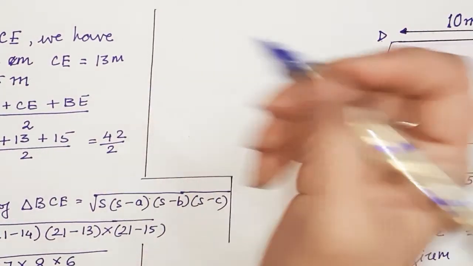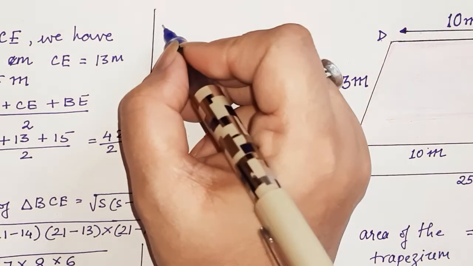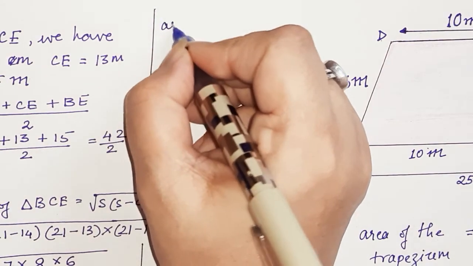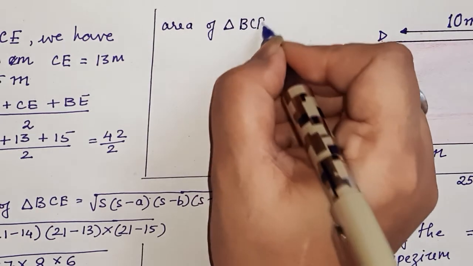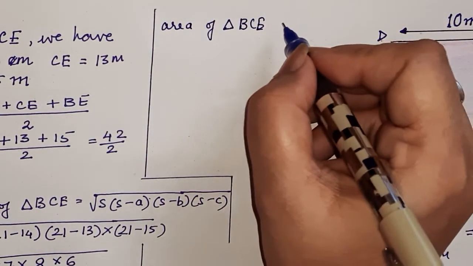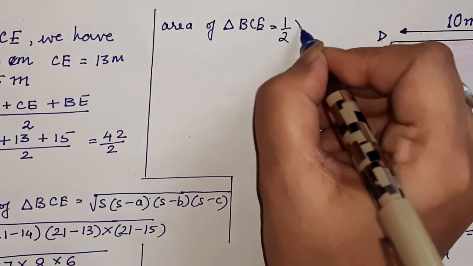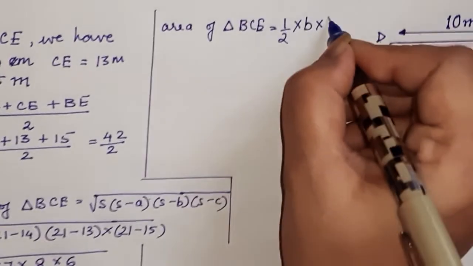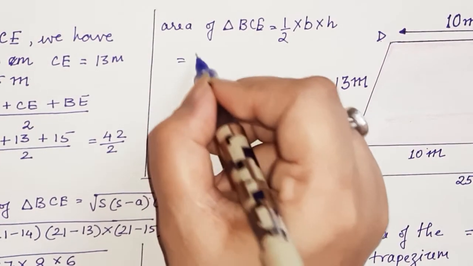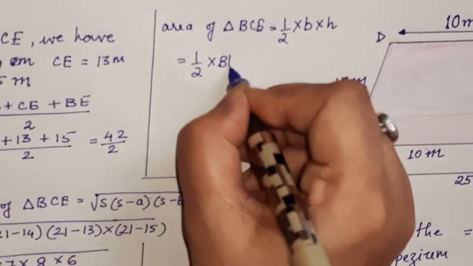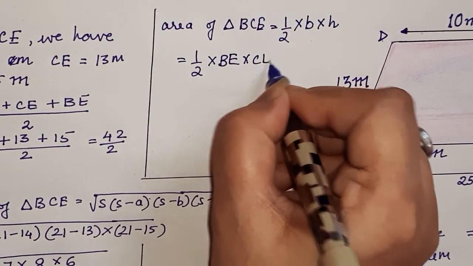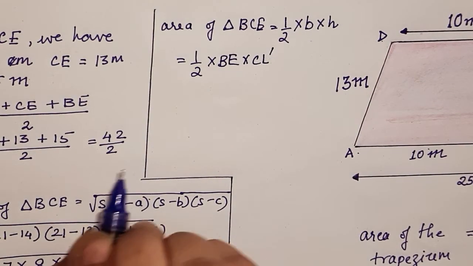We know another formula for calculating the area of a triangle: the area of triangle BCE can also be found by using the formula half base into height. In this case, half BE into CL dash, that is the height.